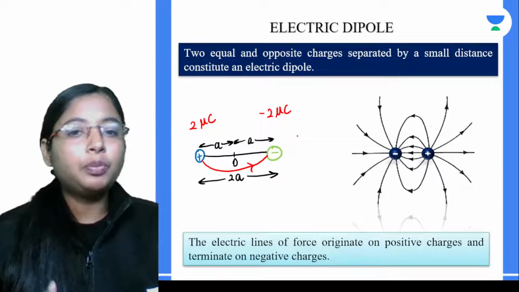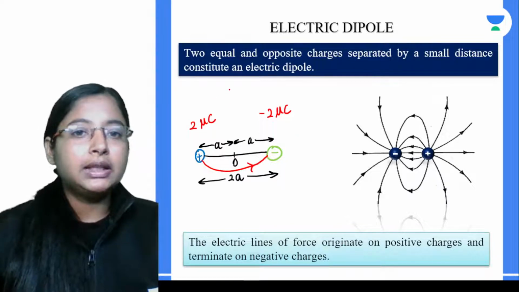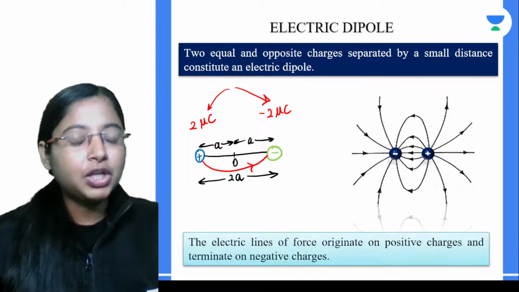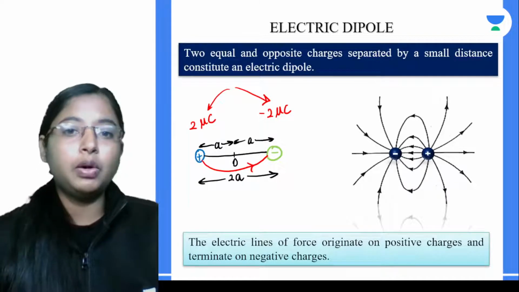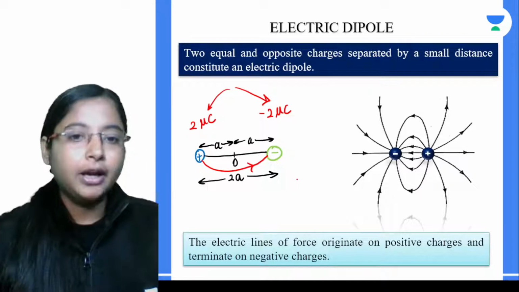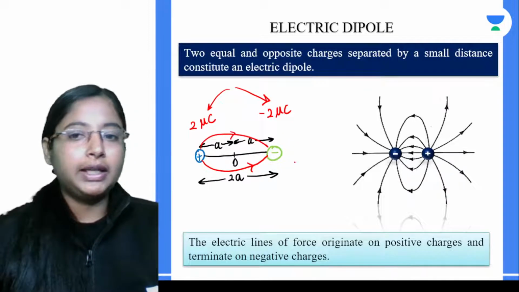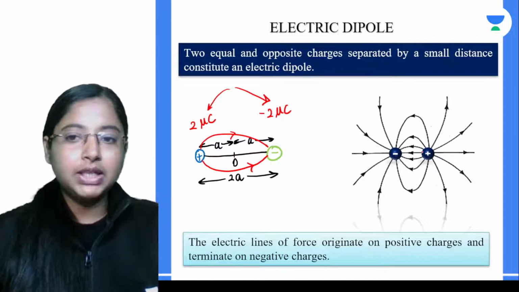When compared to the previous case, the charges are equal but opposite. One is positive, another is negative, but magnitude-wise they are equal. So the number of field lines that the positive charge has, there would be an equal amount of field lines in the negative charge as well. The field lines always start at the positive charge and terminate at the negative charge.